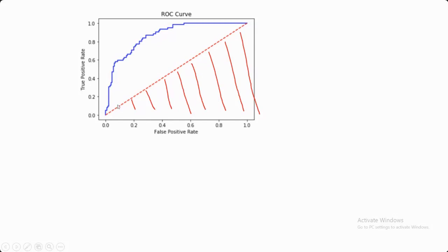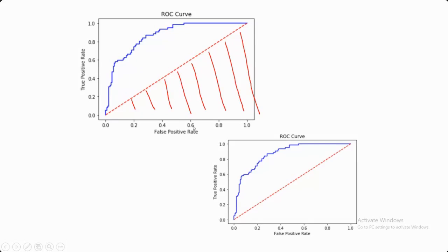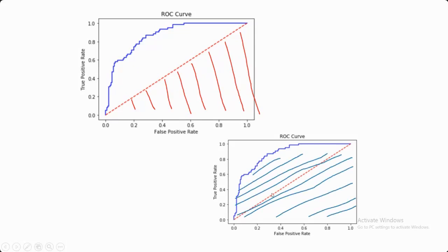And if we consider this blue line, this is the area. If we compare these two cases, the AUC value for the first will be comparatively lower than the AUC value which you are getting with respect to this one. So AUC for this will be higher compared to this.